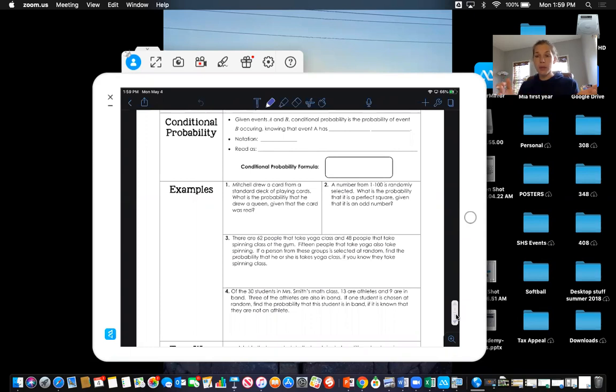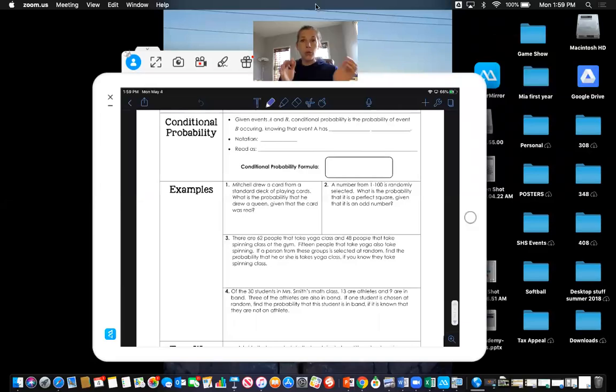Remember, sample space is the potential all outcomes. So if you limit the sample space, your probability will change if you are only looking at a certain number. Like, what's the probability of me choosing red if I'm only looking at warm colors?